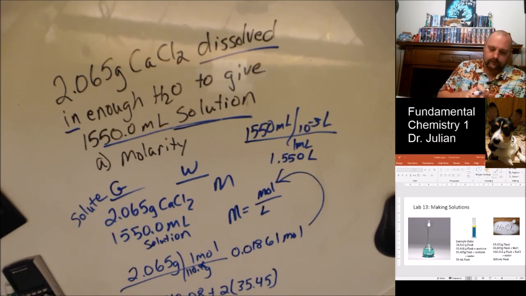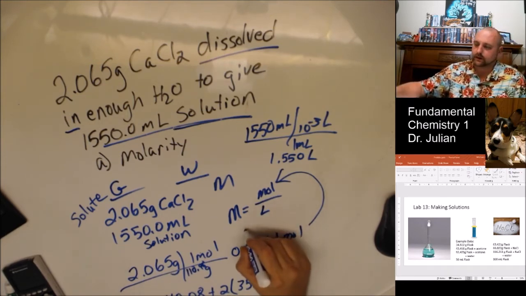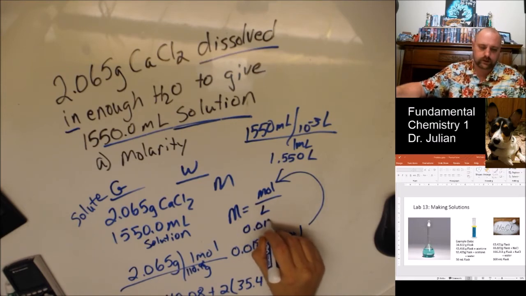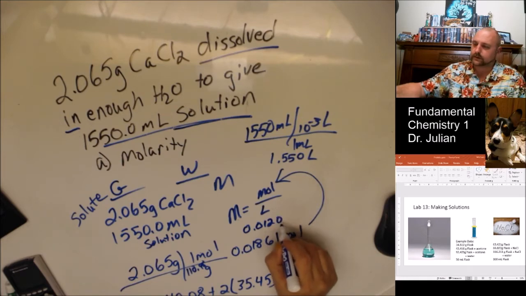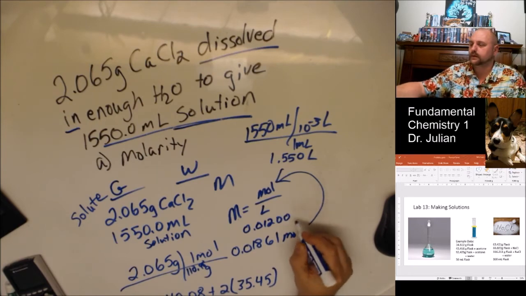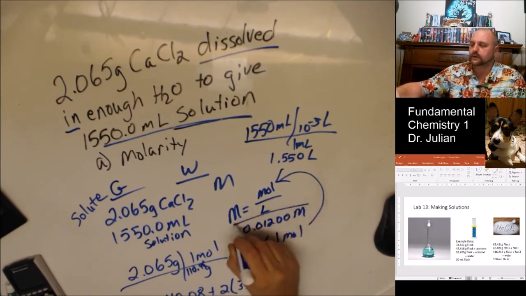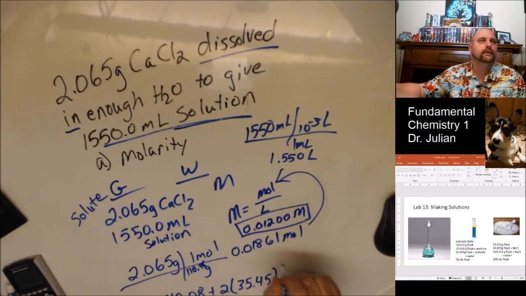And now I can take my previous answer, divide that by 1.55, and I get my molarity was 0.012, and they started with 4 sig figs, so 4 sig figs is actually 0 there, and that's molar. There's my answer to part A. Ooh, a lot of stuff going on. We started with what I wanted to plug in, got everything in the right units, and then plugged it in. Alright?